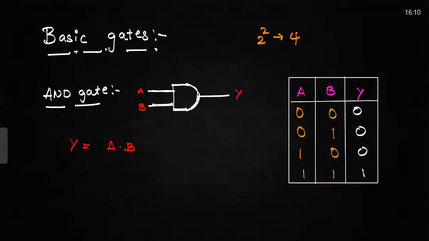So this AND gate represents serial connection. Now how will we say? Let us say I am having one switch.